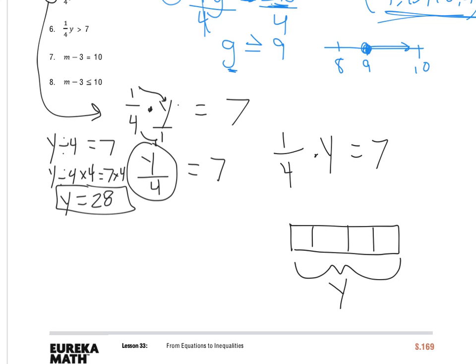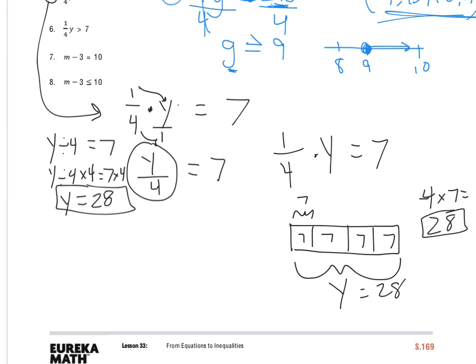So 1/4 of it will be 7. Well, if I know that each of these represent the same value, each of my partitions, then I know this is 7, that's 7, that's 7, and that's 7. So I have 4 7s, which will get me 28. So y is going to equal 28.